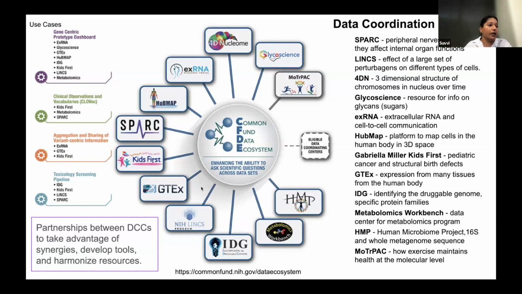All these programs generate or have generated high value data sets from different omics studies like genomic, expression, proteomic, metagenomic, and imaging studies. So they have generated huge volumes of data.